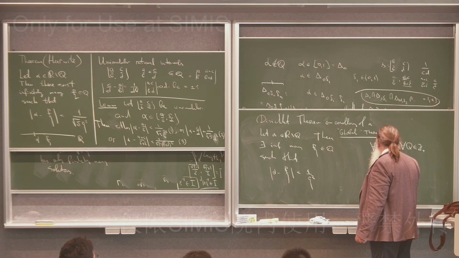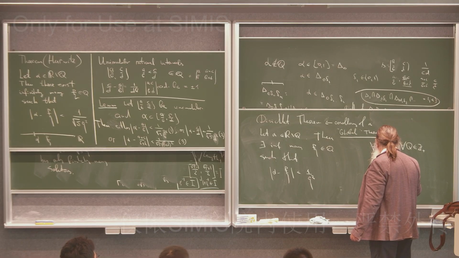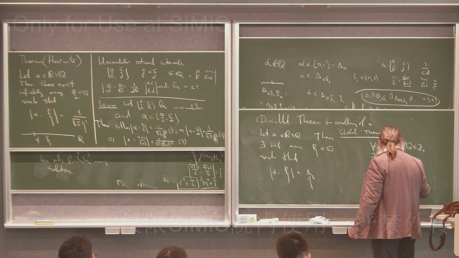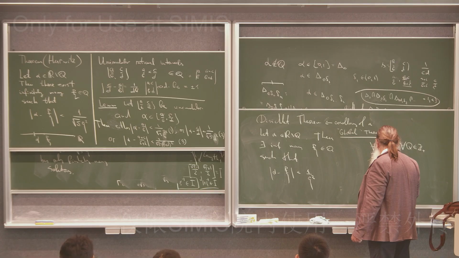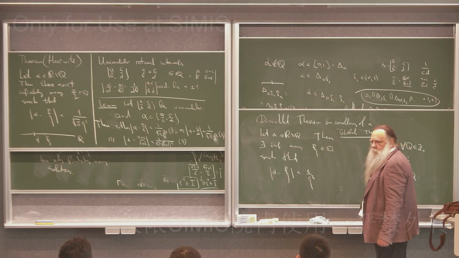First, |alpha minus p over q| is less than 1 over qQ, and the second is that small q is less than capital Q.